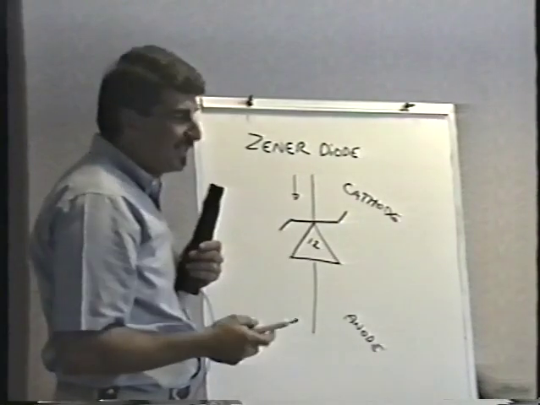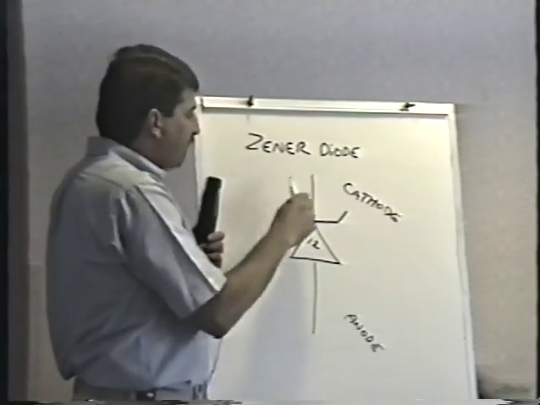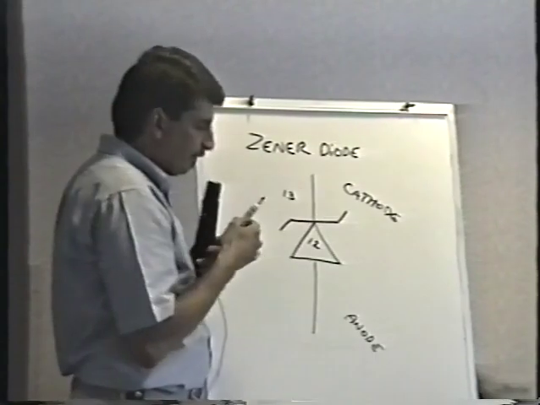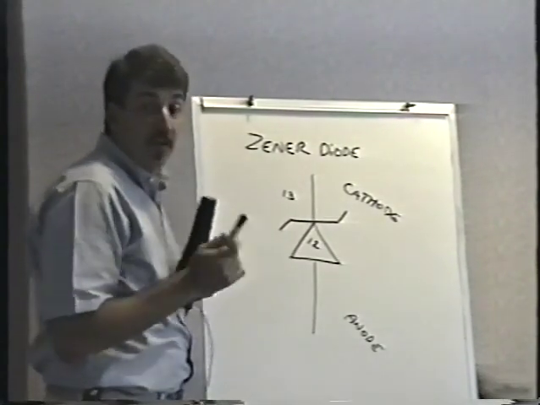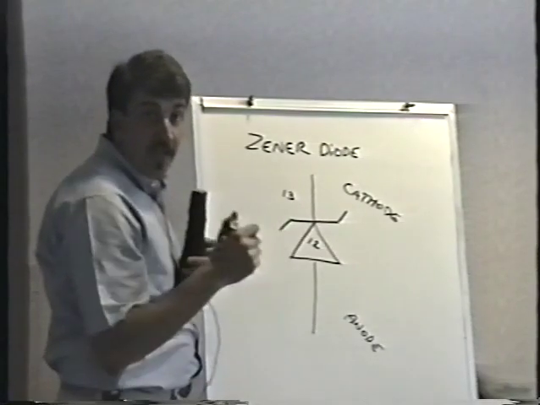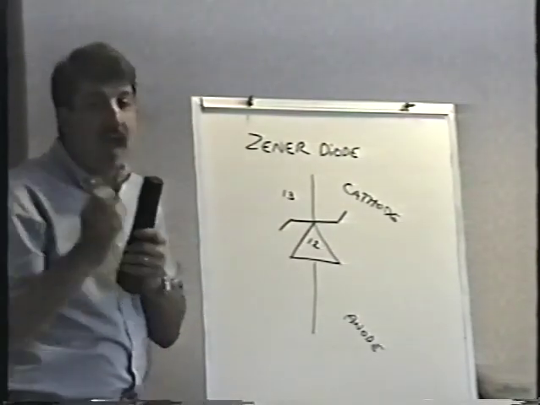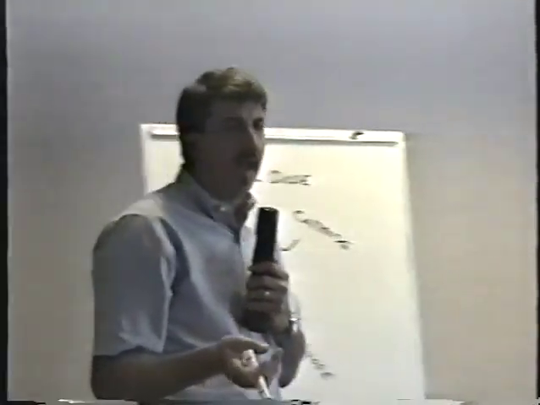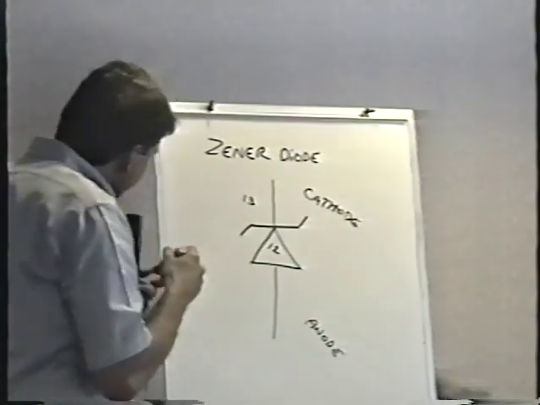If I exceed the Zener voltage, let's say I put 13 volts here on the cathode, the Zener diode does start to conduct. But it doesn't just snap on. It doesn't turn on instantly. The Zener diode's a real selfish little bastard. If you can give human attributes to a component, this is the most selfish little bastard you'd ever want to meet, because here's what it does.